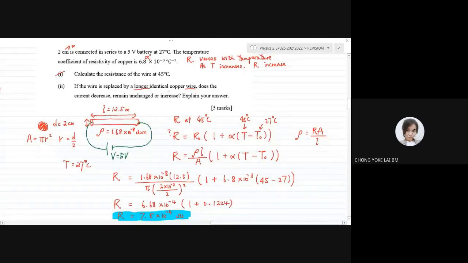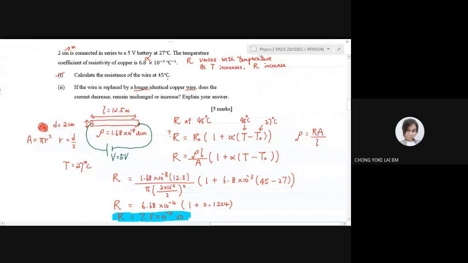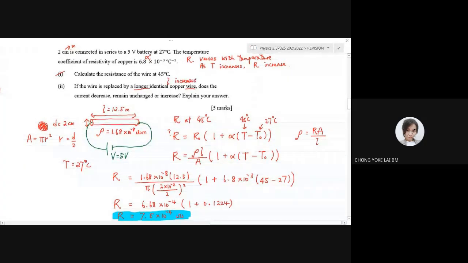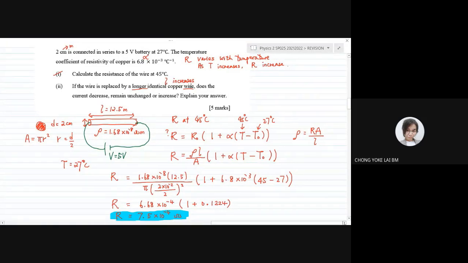Identical means dia masih buat daripada copper, dia masih ada diameter yang sama, tapi panjang dia berubah. We change with a longer wire. Our L increase. So the length of the wire is increases. So the question asks you, the current will decrease, remain unchanged or increases? Explain your answer.